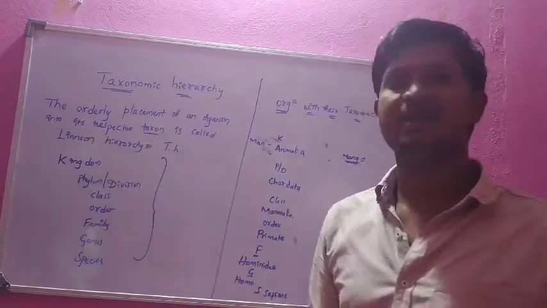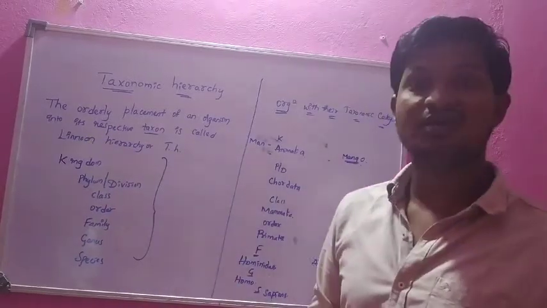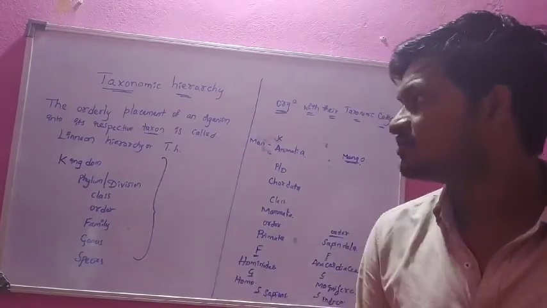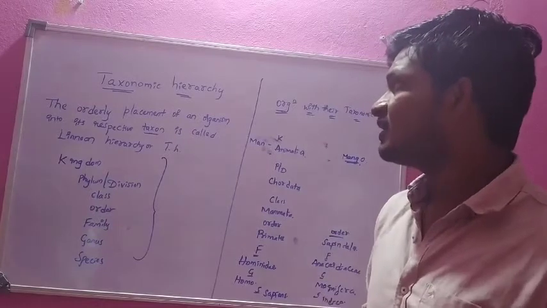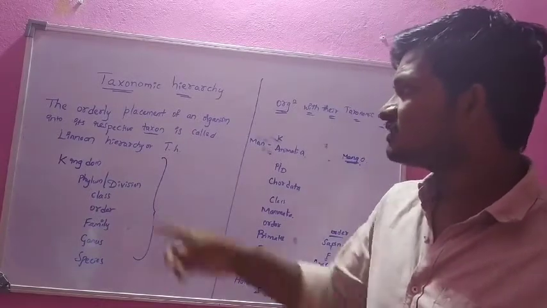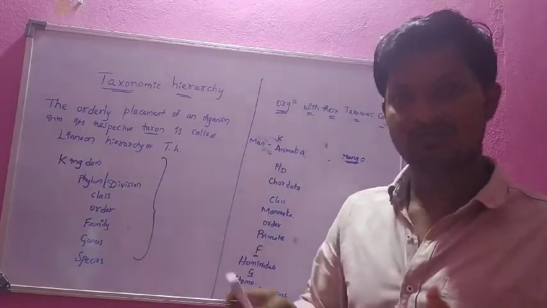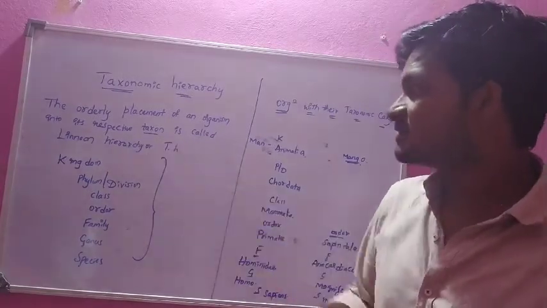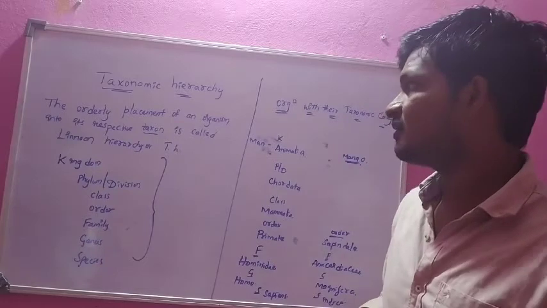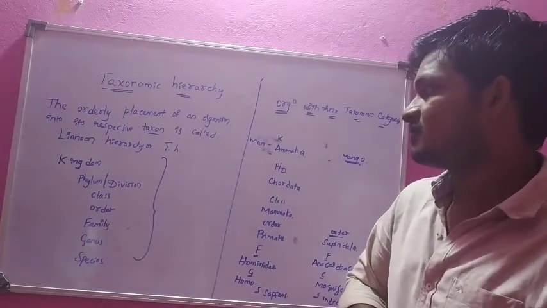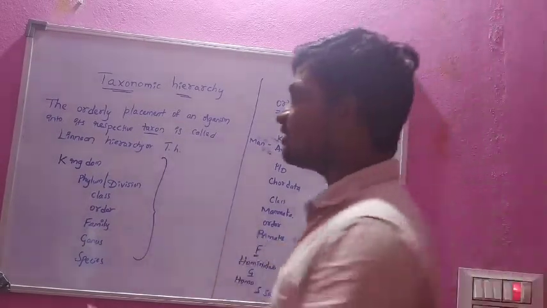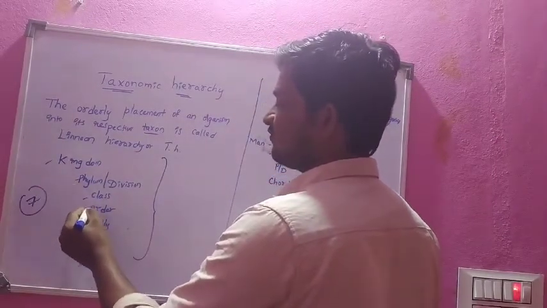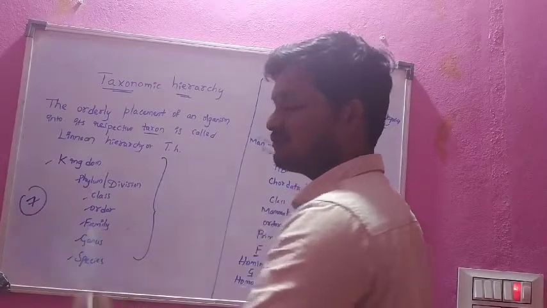It is called linear hierarchy because the scientist Carolus Linnaeus discovered it, so the scientist's name has been given. Each level is called a taxon, which means one particular arrangement. There are seven of them: 1, 2, 3, 4, 5, 6, 7.